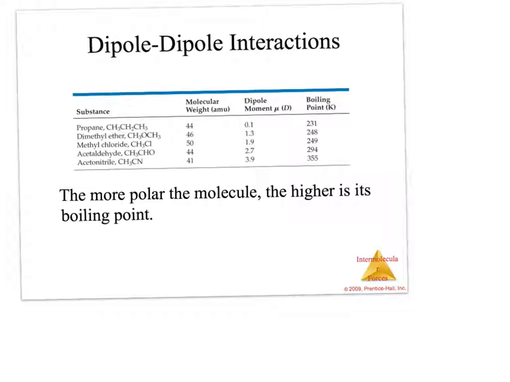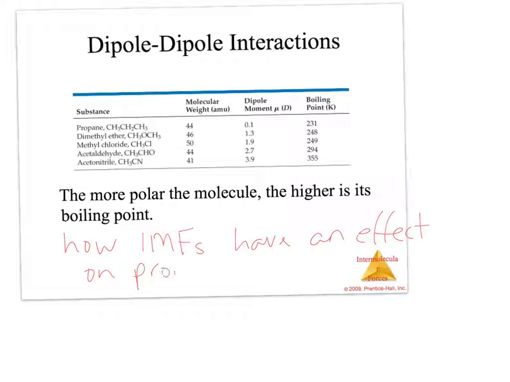So here we're talking about how intermolecular forces, IMFs, have an effect on properties of substances. This is the reason that we spend all this time learning how to determine if something's polar, because now we're going to use whether something's polar or not to determine the strength of its intermolecular force.